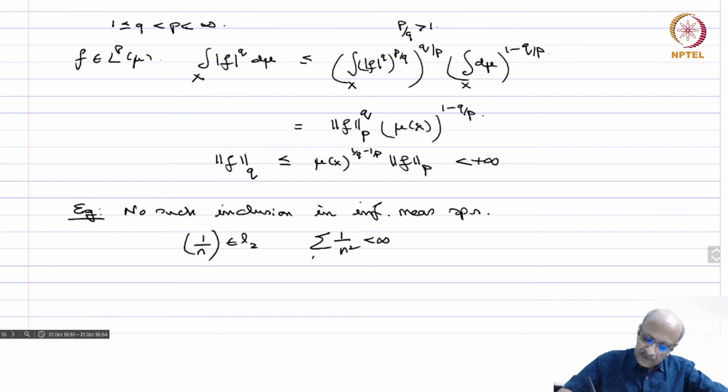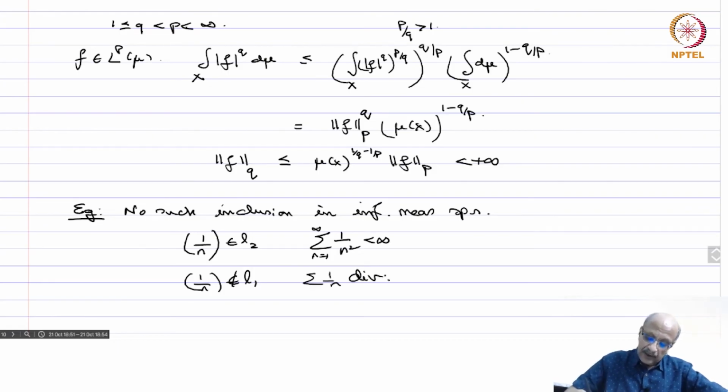That's pi squared by 6, we have already seen. But 1 by n is not in L1 because sigma 1 by n is divergent. So if something is in L2, it doesn't imply it's in L1 if you have an infinite dimensional space.